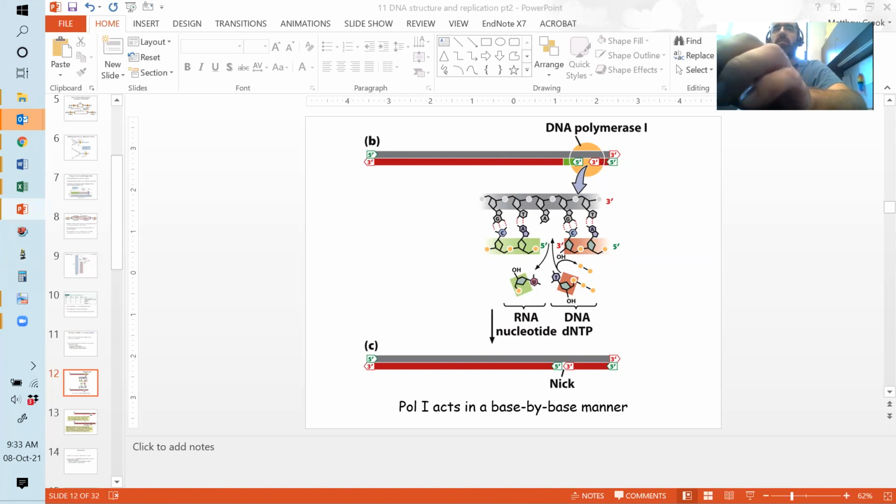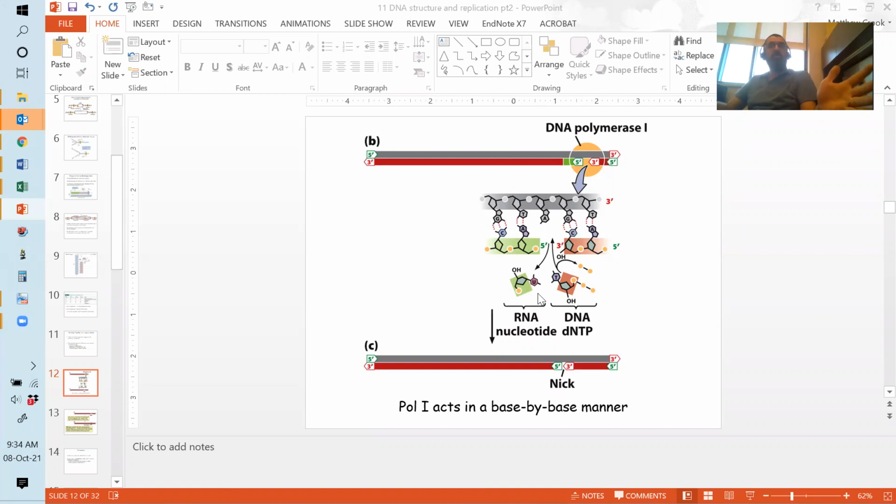Second is a DNA polymerase domain that basically continues synthesis of the fragment. So as the RNA nucleotides are being broken up, like hydrolysis of those phosphodiester bonds that hold the RNA in place, behind it, it's putting in the correct DNA nucleotides to fill in the gap that removing the RNA creates.